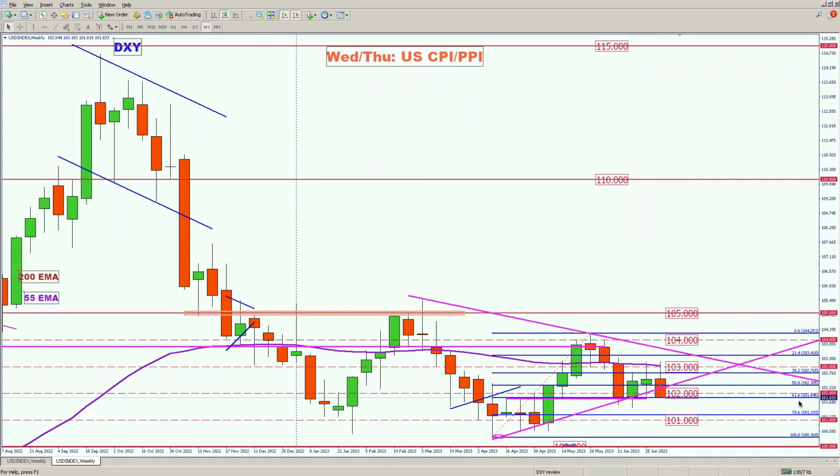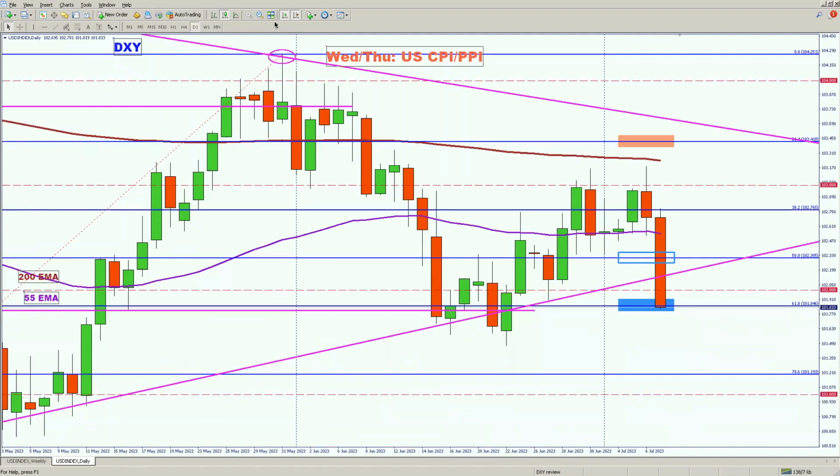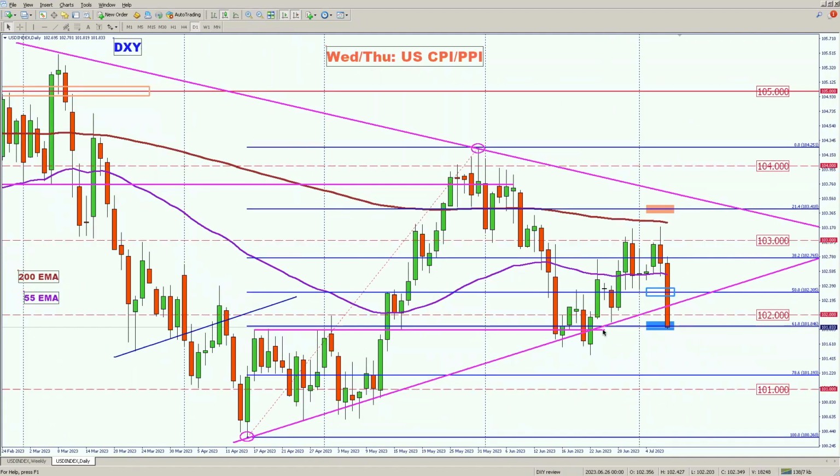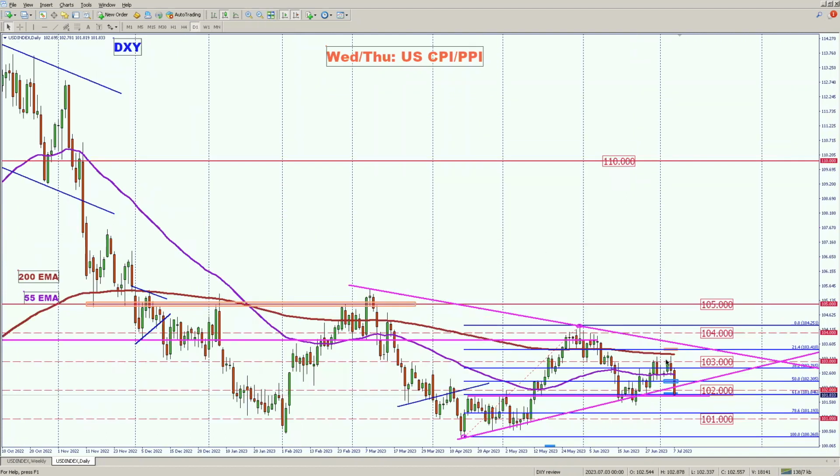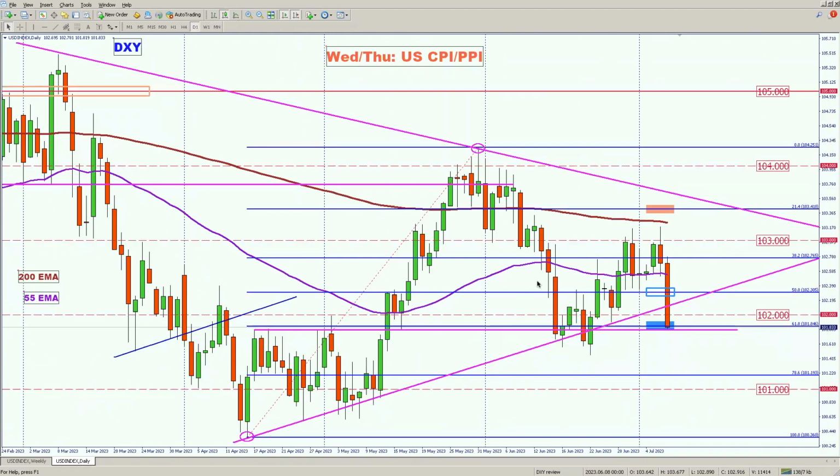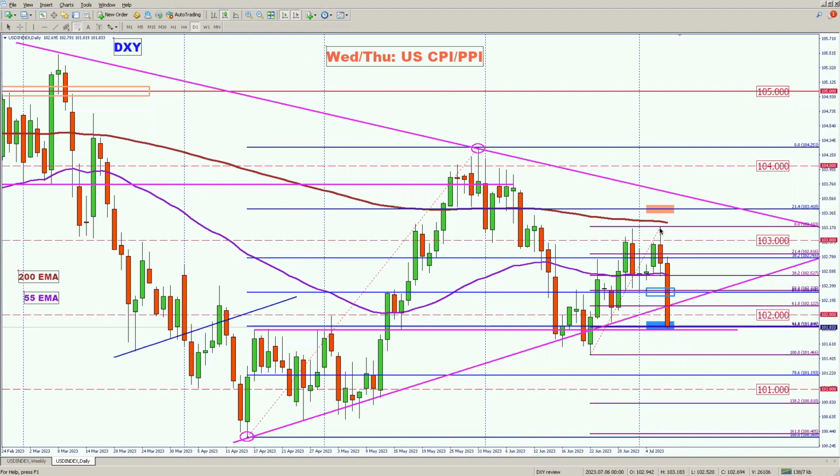So sitting right at the 62 FIB retracement, and there is this additional support level, breaking below the consolidation triangle, this symmetrical triangle on the daily time frame. And let's see if we take this swing move here.